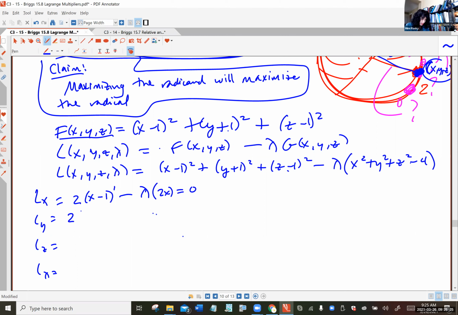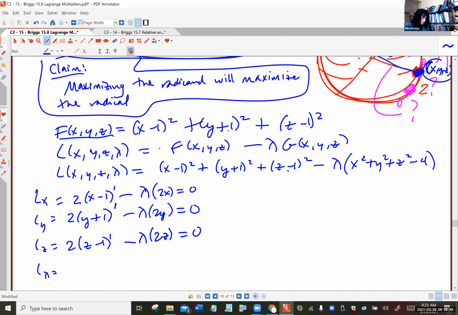And then I'll do the same thing to find the partial with respect to y. I'm going to use the chain rule. So I'll have 2 times the quantity y plus 1 to the 1 minus lambda times 2y. And the partial with respect to z, oops, hold on a minute, that's a minus.